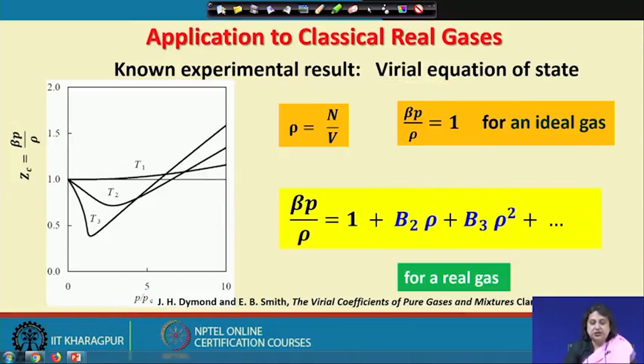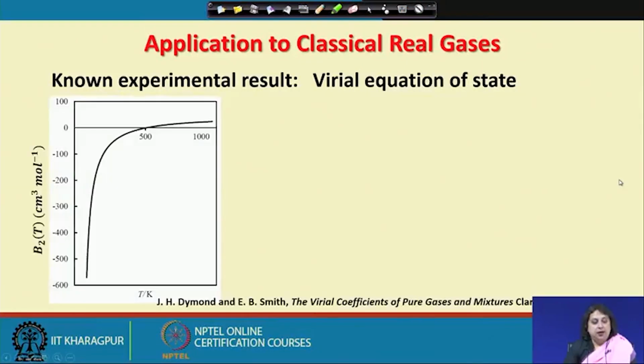In this lecture we are going to particularly focus on the second virial coefficient, and look at the behavior of B2 as a function of temperature. This is the result from experimental data, where B2 has been plotted as a function of temperature.